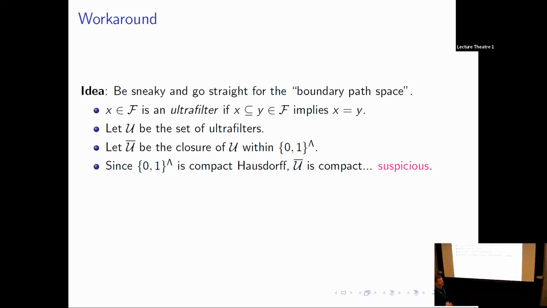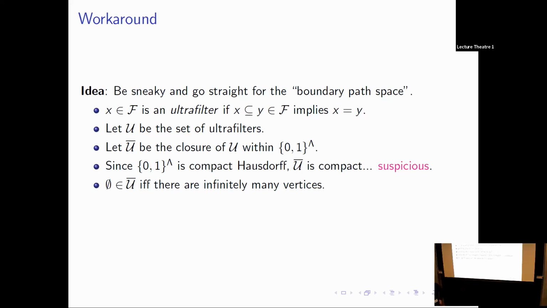It's closed inside of a compact space. But then that's kind of suspicious because we know even in the one graph setting, your unit space shouldn't always be compact. So we got compactness, but we kind of want less than that. So maybe a small observation as well. Since I was taking the closure inside of the whole power set, I have to be careful about where the empty set is living.